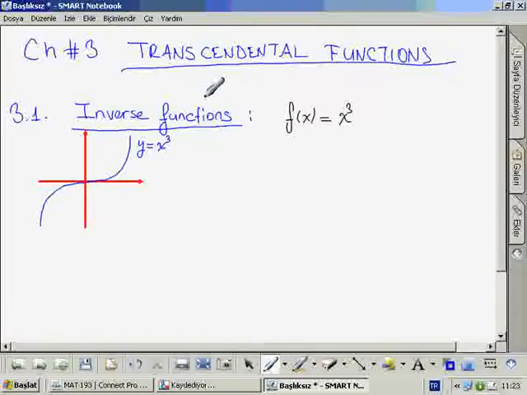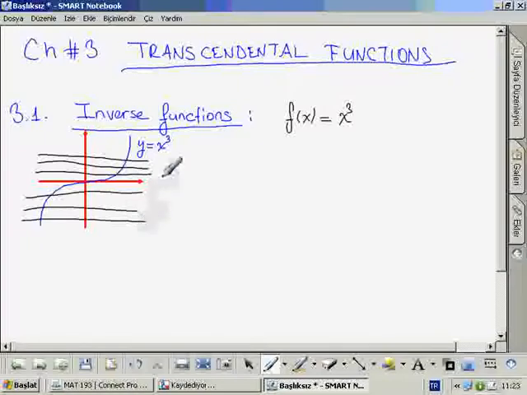And this function is 1-to-1, and that means when you sketch a horizontal line, okay, and if your horizontal line meets the blue curve at only one point, you can say this function is 1-to-1, okay.